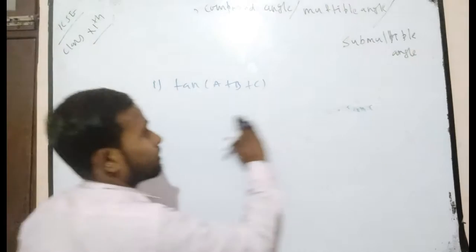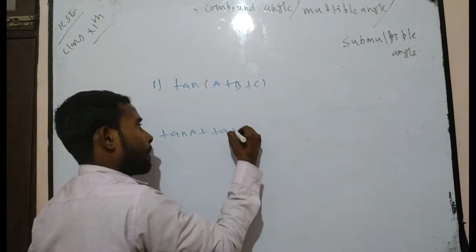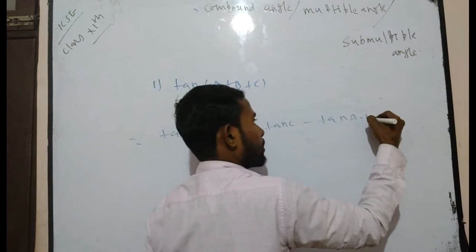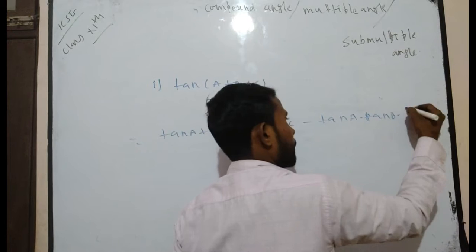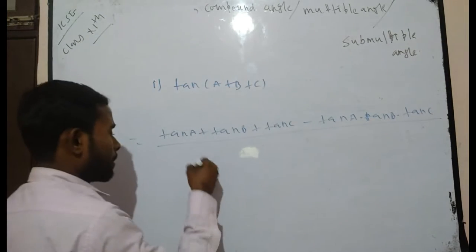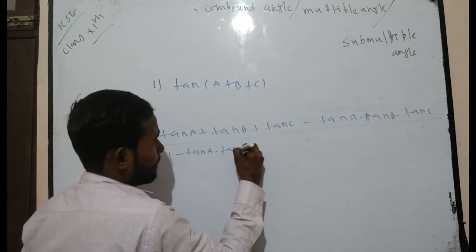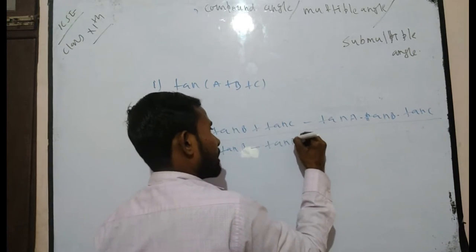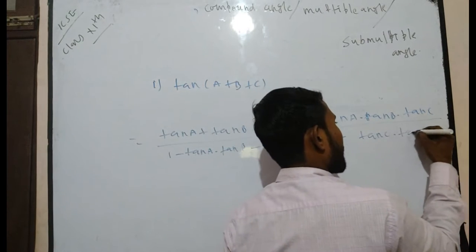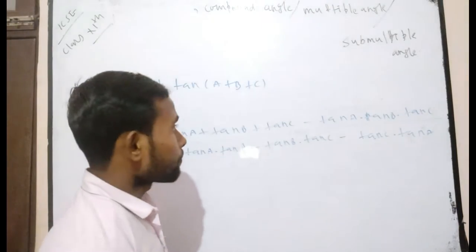There is not enough space here. It is the formula of tan(a plus b plus c). You have to remember it again.